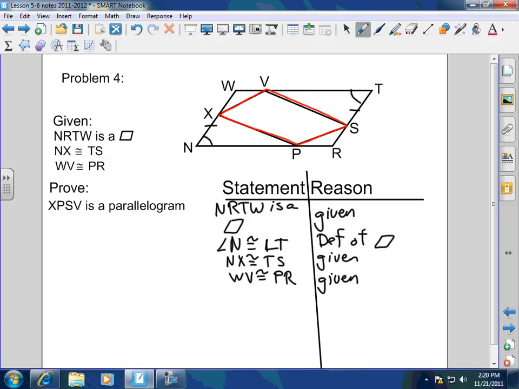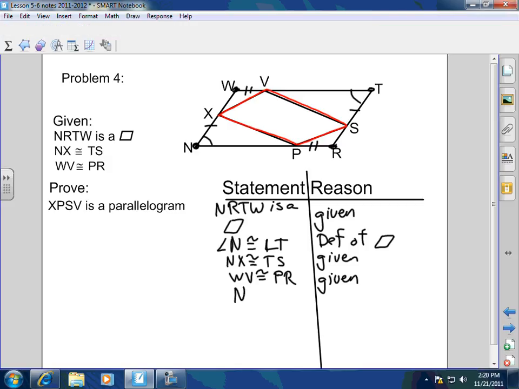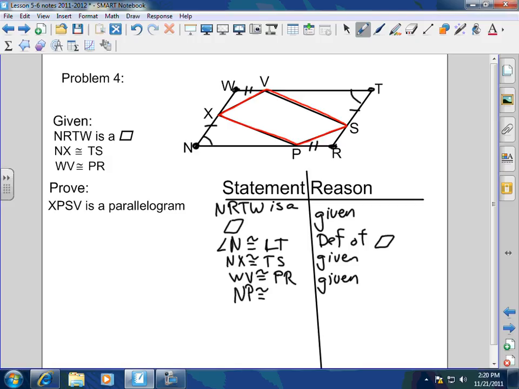WV is congruent to PR. That's given. So let's go ahead and mark that. But don't we also know that NP is congruent to WT? So NP is congruent to WT.